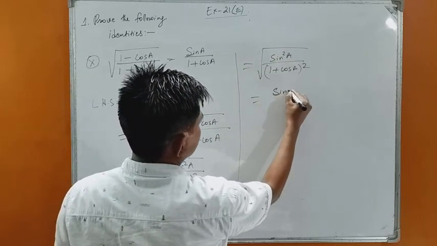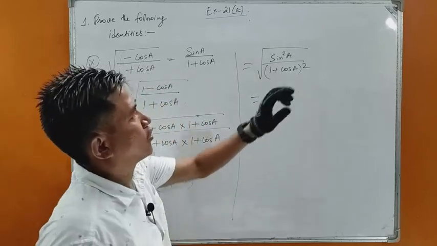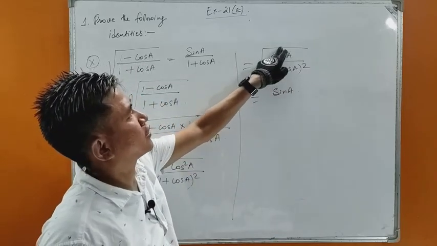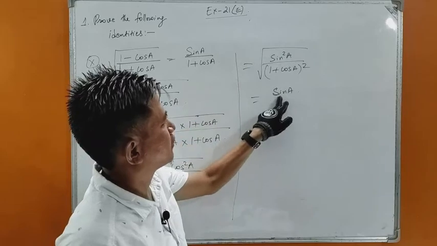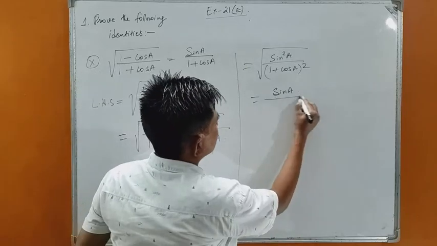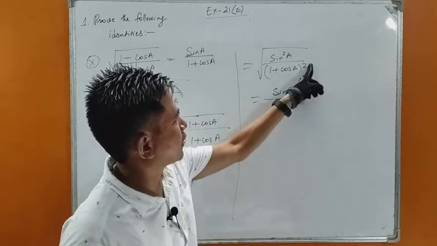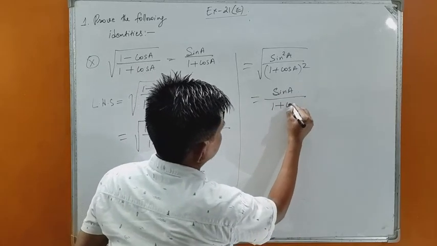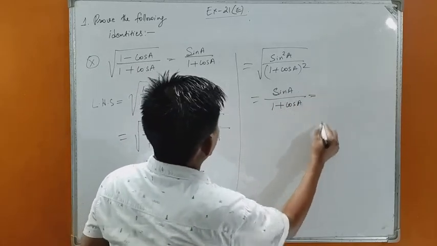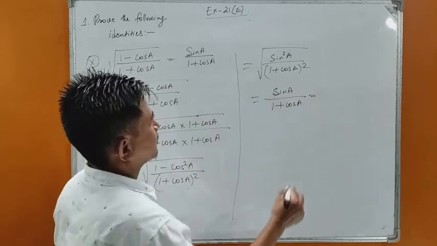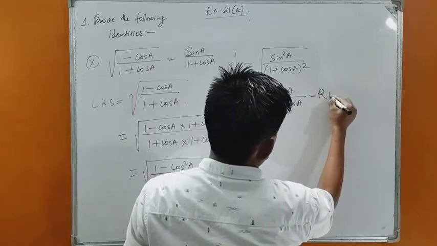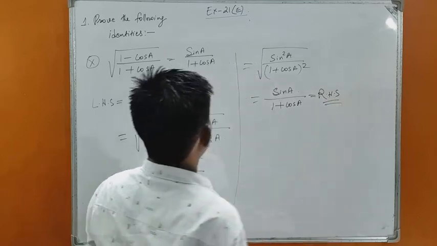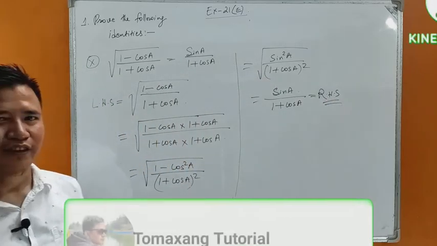So sin A, what I mean to say is this square and square root can be cancelled. Okay, now remains sin A. Similar goes to the denominator, this square and square root can be cancelled, so 1 plus cos A. So this is what we have in the right hand side, isn't it? Hence proved. RHS. I hope you got this.